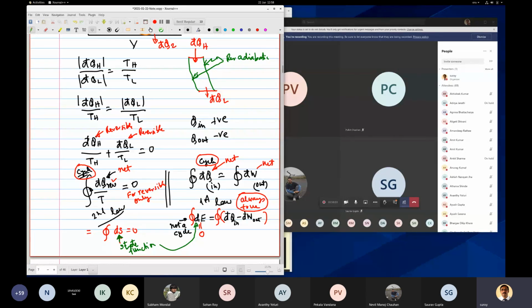Otherwise you cannot make it 0. So dq is a path function, dw is a path function, but dq minus dw is a state function. dq is a path function, but when dq is divided by T, it becomes a state function. So that is the beauty.